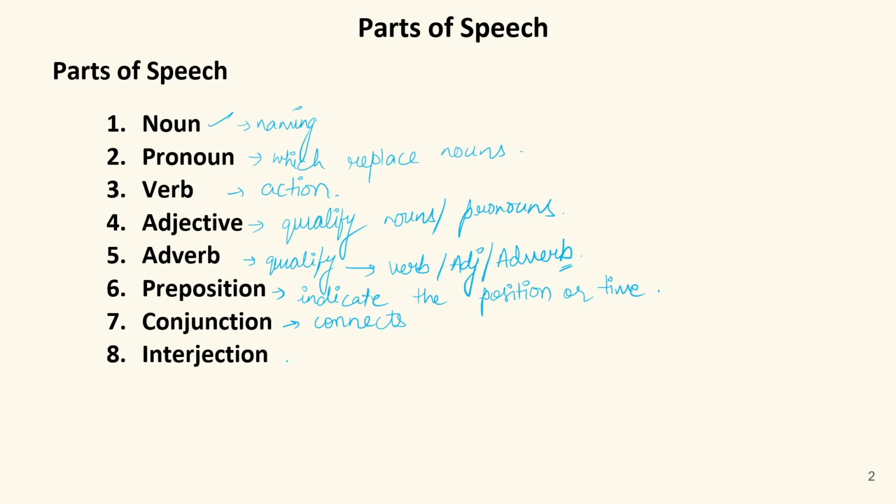Maybe two, maybe more than two. Interjection speaks out our emotions and feelings, or you can say sudden emotions and sudden feelings. The word sudden is very important over here.